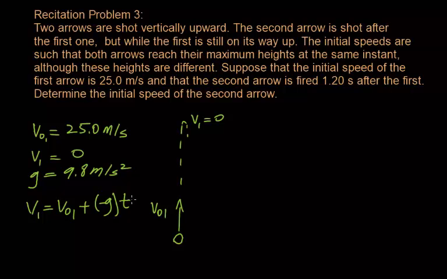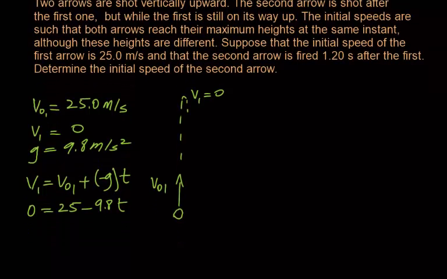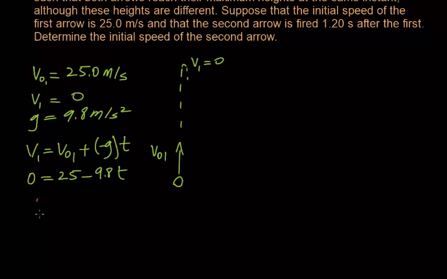Substitute the known quantities and solve. This is 0. This is 25 plus negative 9.8 t. Solving for the time, you get t equals 2.55 seconds. I'm going to label this time t1 specifically for the first object.